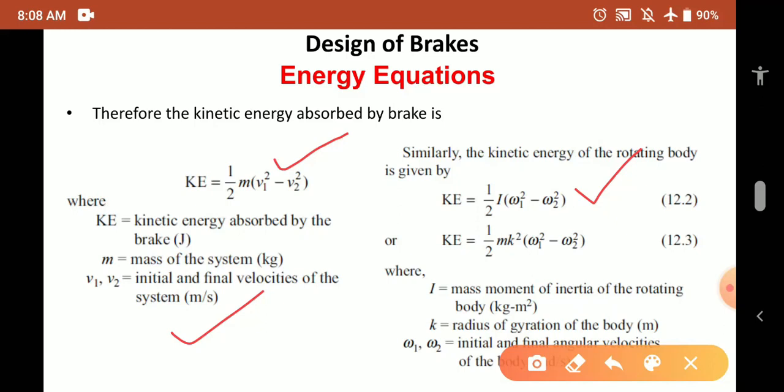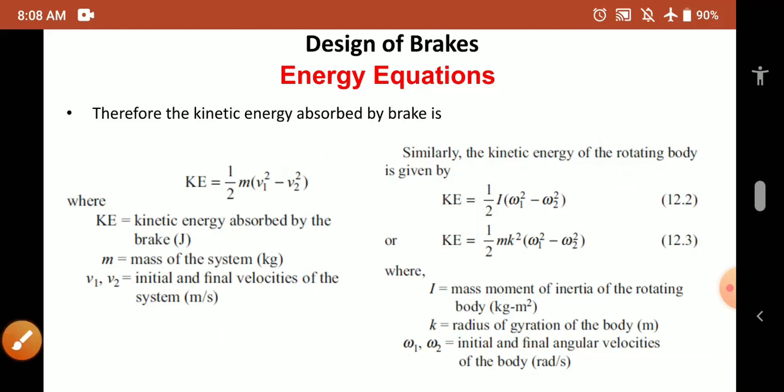Or again we can also write this kinetic energy is equal to 1/2 m k square (omega 1 square minus omega 2 square), where omega 1 and omega 2 are the initial and final angular velocities of the body in radians per second, m is the mass in kg, I is the mass moment of inertia of the rotating body in kg meter square, and k is the radius of gyration of the body.